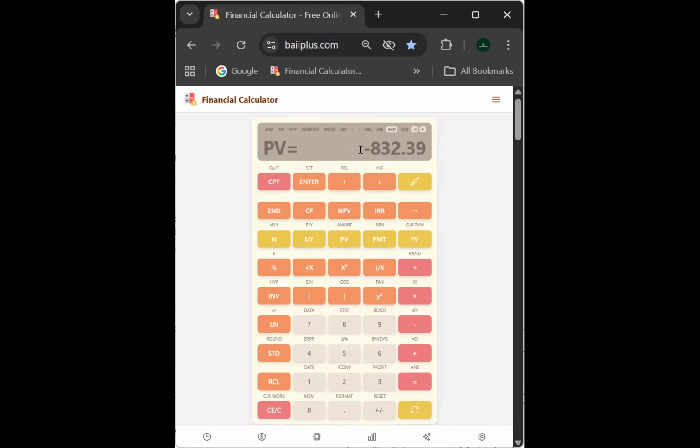So 832.39 you are willing to pay. This means the bond is issued at a discount. So here the coupon payment is less than yield. So yield is greater. Okay, let me just go back to our notes.